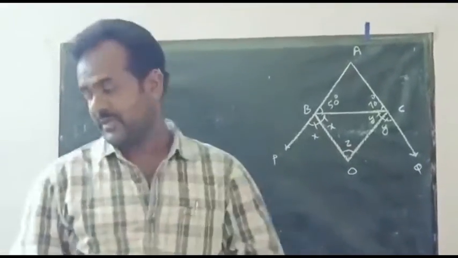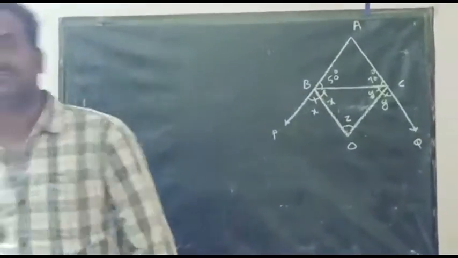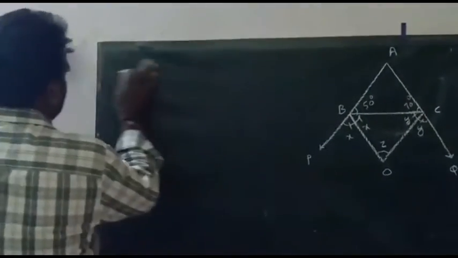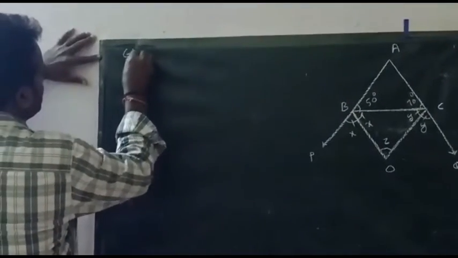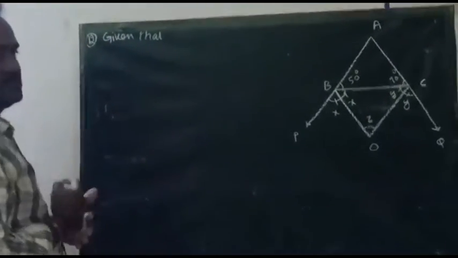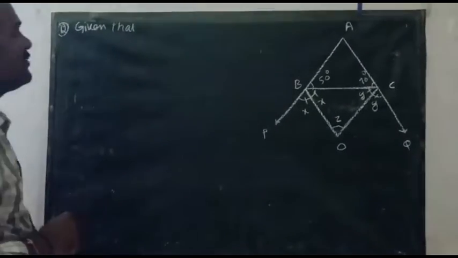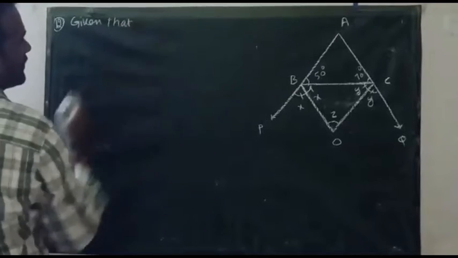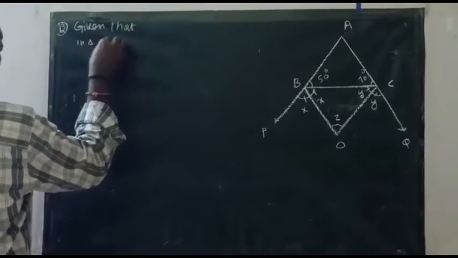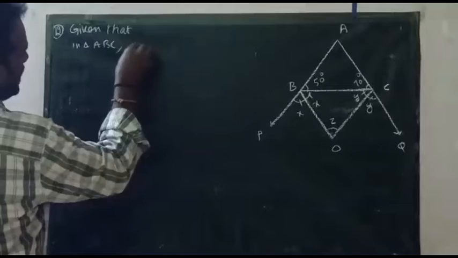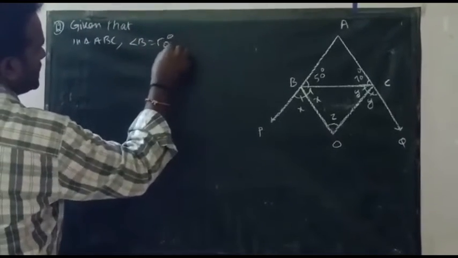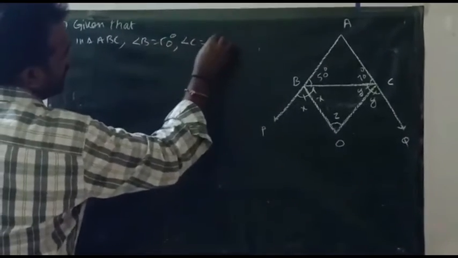First of all, write the data. Given that in triangle ABC, angle B is equal to 50 degrees, angle C is equal to 70 degrees.